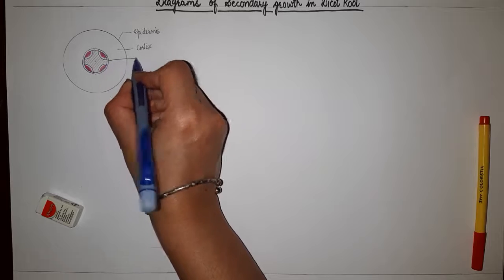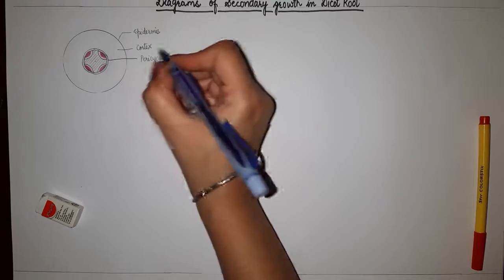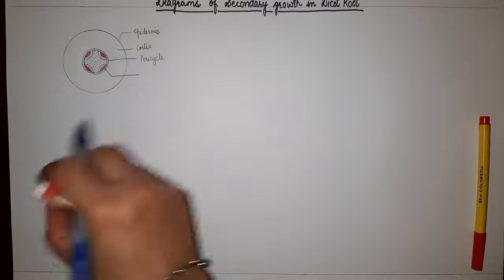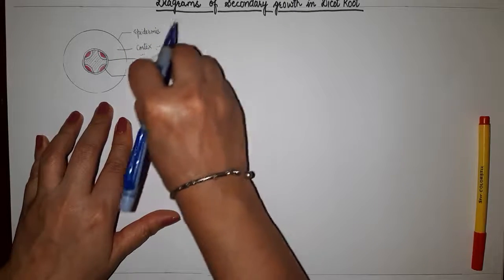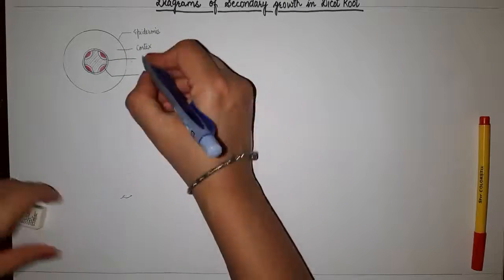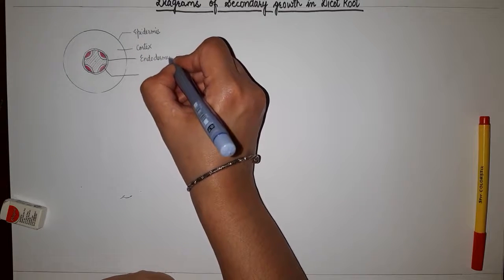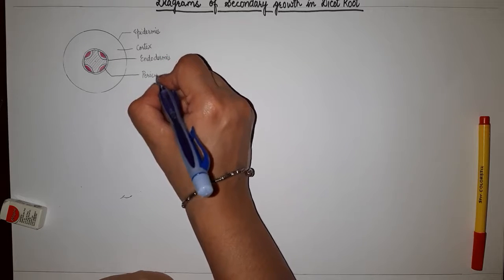The outer line represents endodermis, then the inner one represents pericycle.